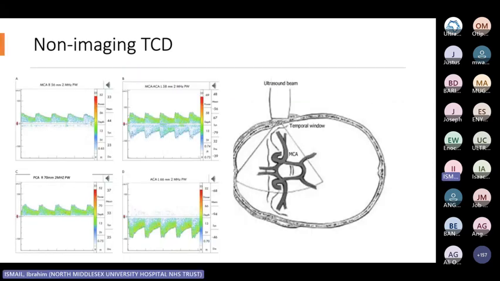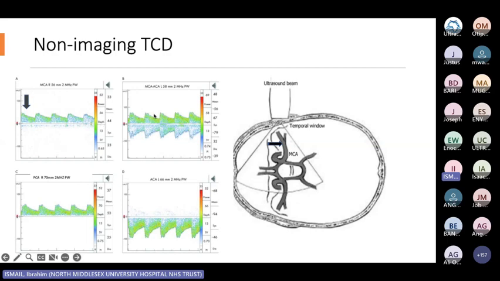So these are some waveforms I acquired from the patient. As you can see here, this kind of waveform is commonly obtained from the middle cerebral artery, at a certain depth.